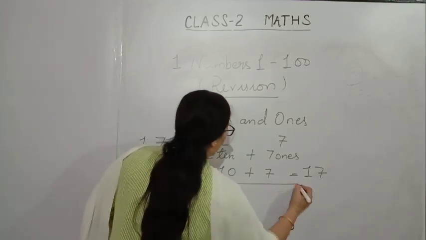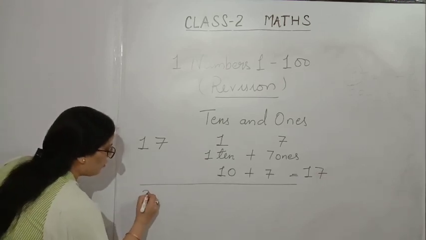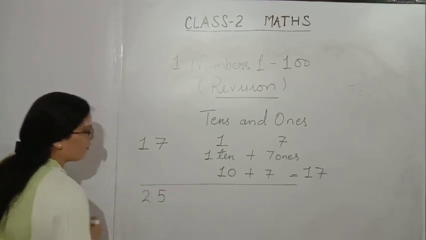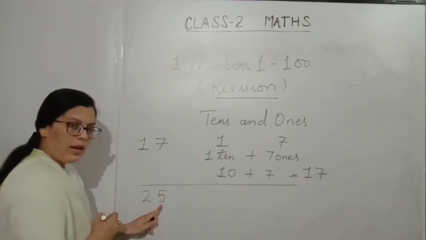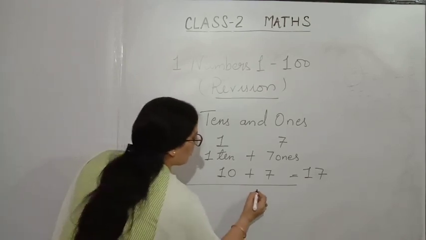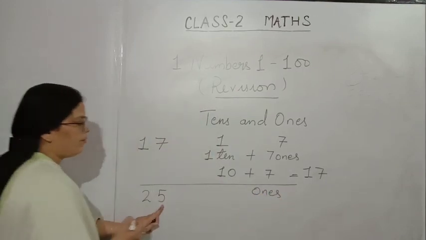Now let's take another example, 25. Which number is written at the right hand side? It is 5.